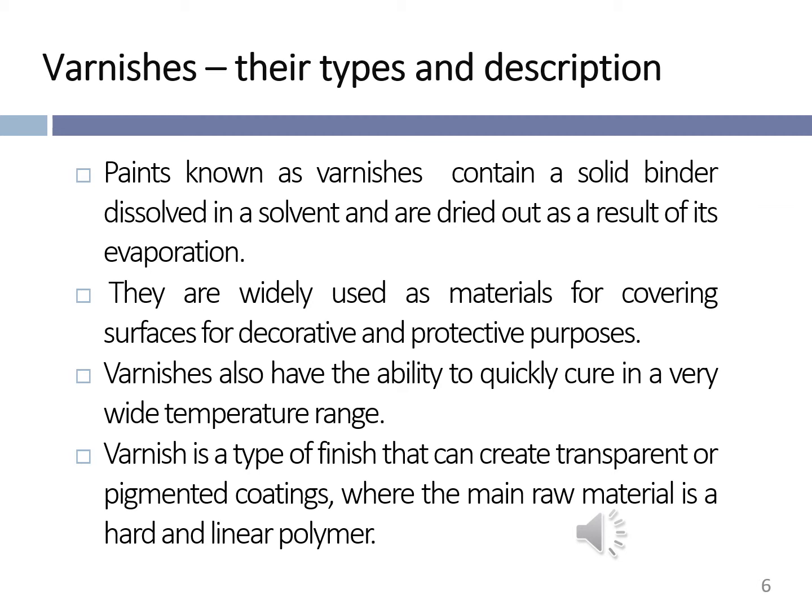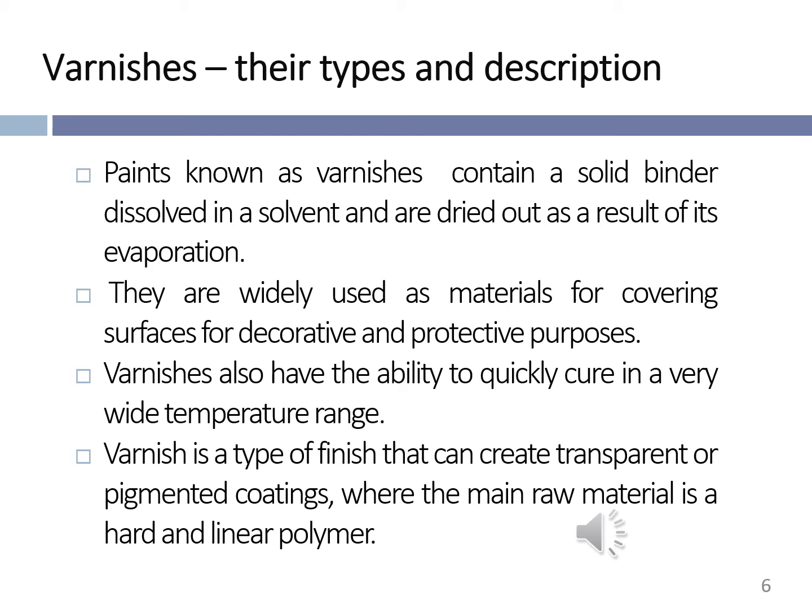And what is the function of this solid binder? This solid binder is dissolved in a solvent, and when these solvents are dried as a result of evaporation, they form a protective covering on the surfaces. They are widely used as materials for covering surfaces for decorative and protective purposes.